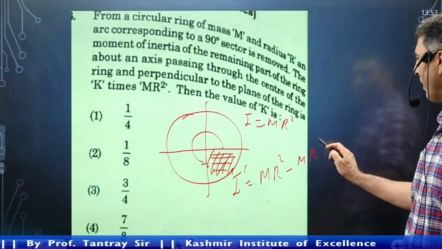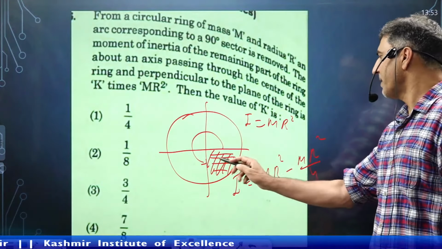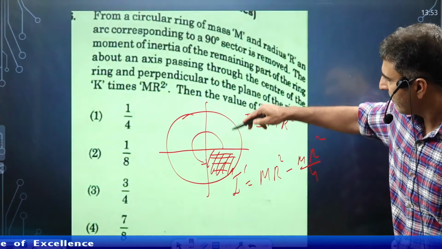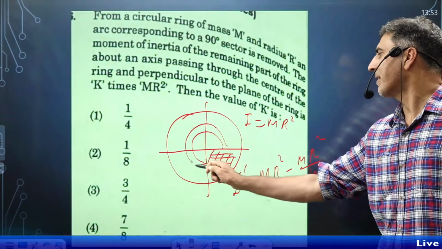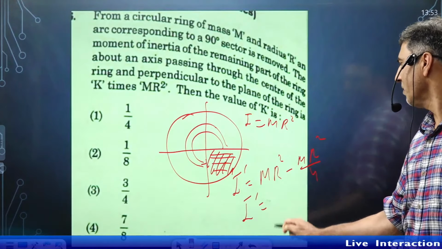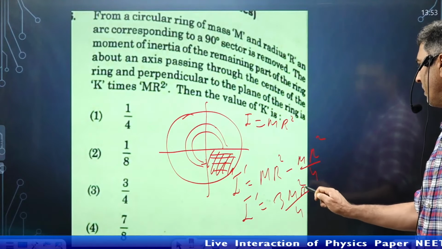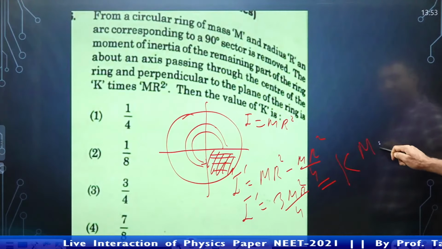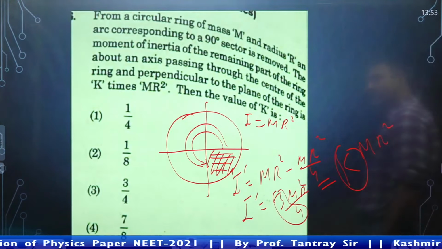If the moment of inertia of the total is mr square, the moment of inertia of 1/4 of it is mr square by 4. So total moment of inertia minus moment of inertia of this piece will be the moment of inertia of the remaining. So I prime is equal to 3mr square by 4, which is given to be k times mr square. So k should be equal to 3 by 4. That's the answer.